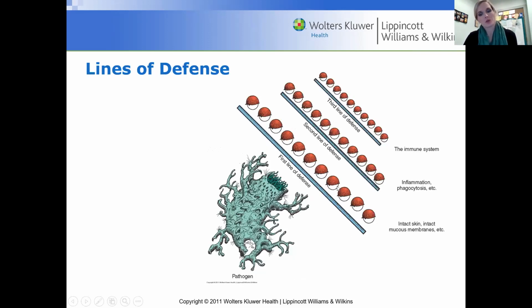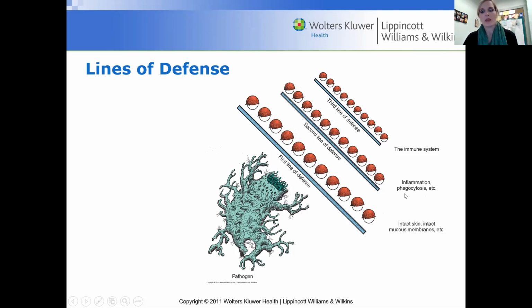So a more visual example here, again, if this is a big scary pathogen trying to make its way into our body, it first has to get through our first line of defense, which is going to include things like our skin and our physical barriers. If it does make its way into our body, we're going to then see our second line of defense, which would include our phagocytes. Remember our white blood cells that are just eating anything that doesn't belong.